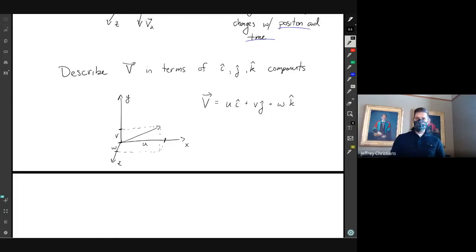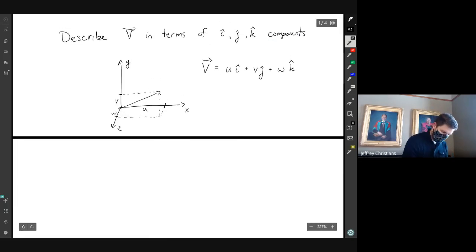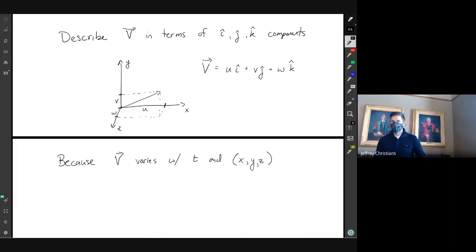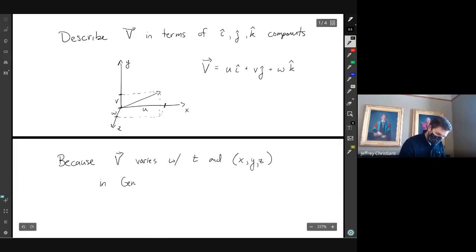And because V varies with time and space in general, u, v, and w also vary in those dimensions.